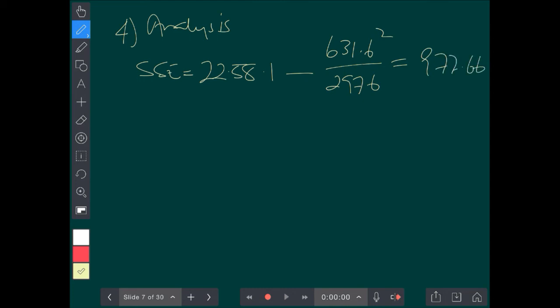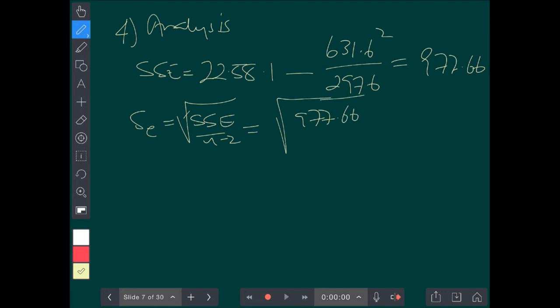Then SE, the standard error, or the standard deviation of the errors, would be, remember, the square root of SSE over n minus 2. In this case, it is the square root of 977.66 divided by 10 minus 2, which is 8, and that gives us 10.71. So that's the standard deviation of the errors.